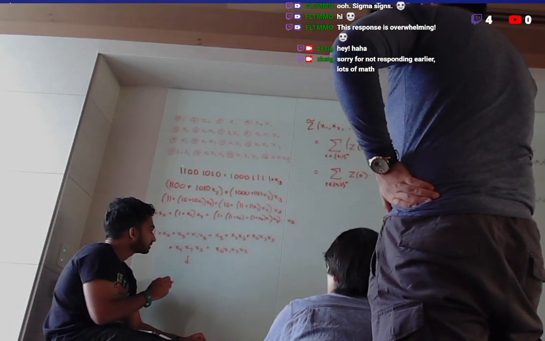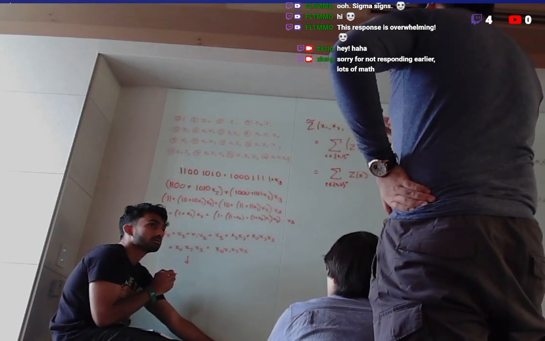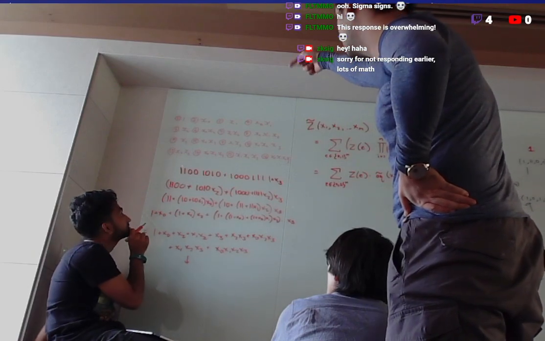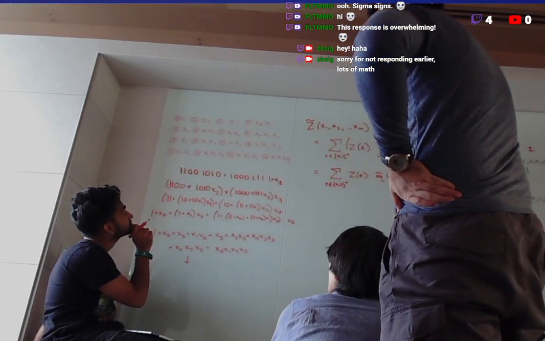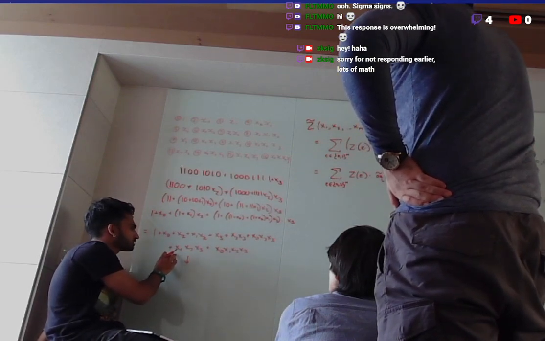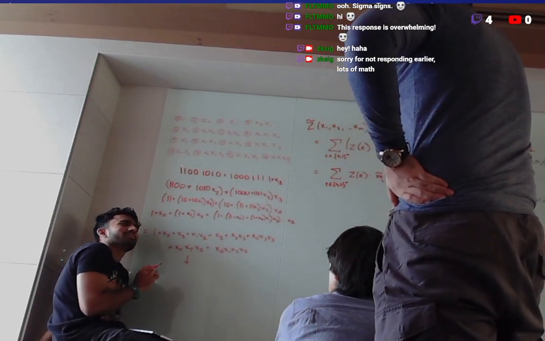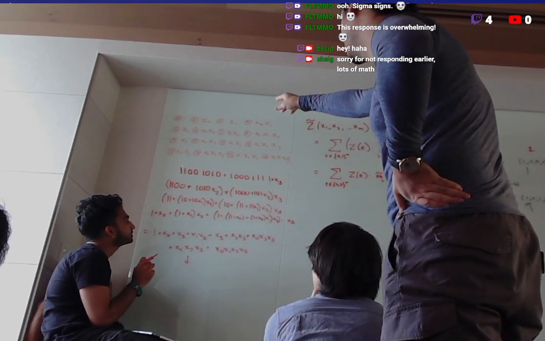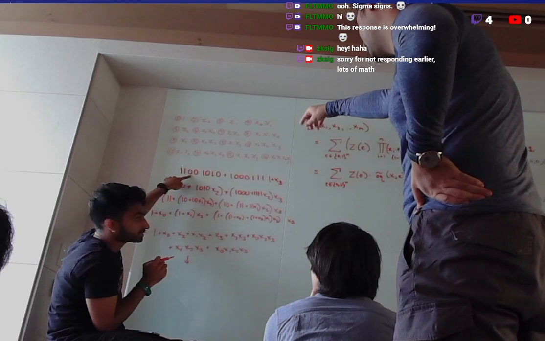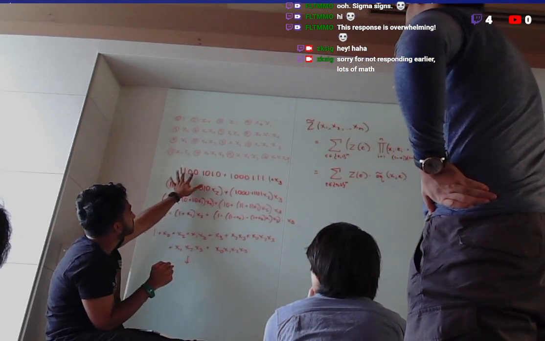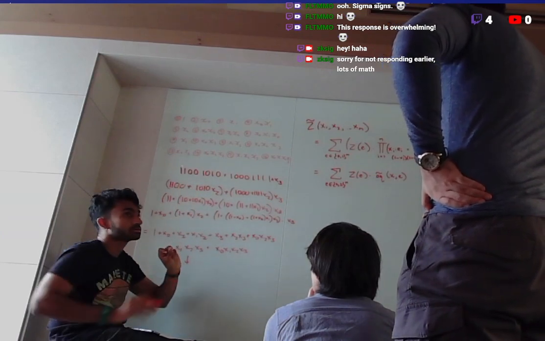Here can I assume that x1 is 0 because the third bit is 0, which corresponds to x1, so x1 should be 0? x1 is not 0. Okay, because in the original number the third bit is 0, and based on what Sora has written, the third bit corresponds to x1. So does that mean x1 is 0?